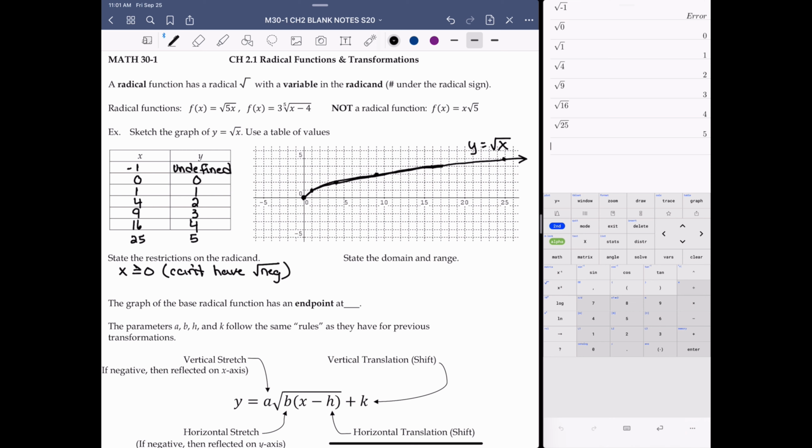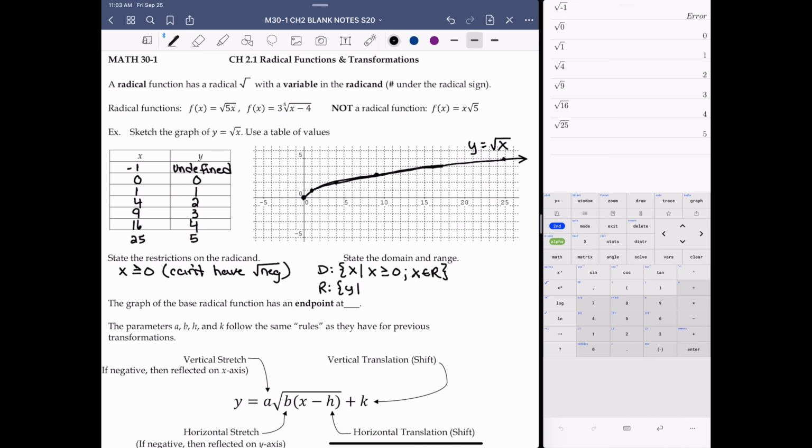State the domain and range. Domain is the x values. We just said x has to be greater than or equal to 0 because we can't have negative numbers. So x is greater than or equal to 0, and x is an element of the real numbers. Range is the y values.